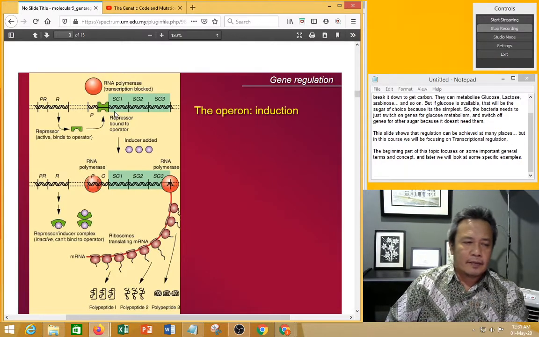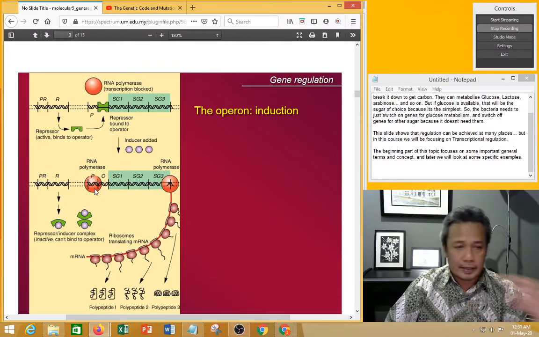With the presence of the inducer, the allolactose will bind to the lac repressor and change its shape, resulting in it not being able to bind anymore, and because of that, polymerase can start transcribing. All right.